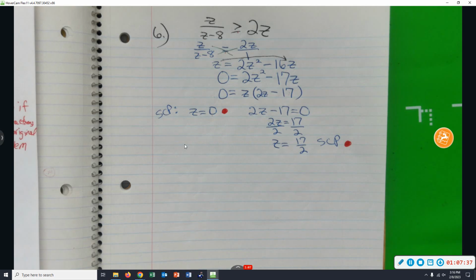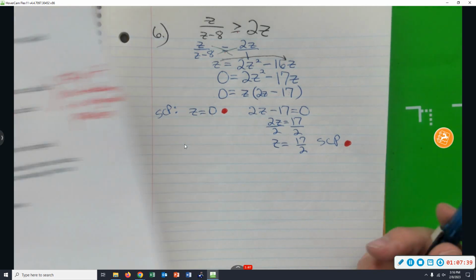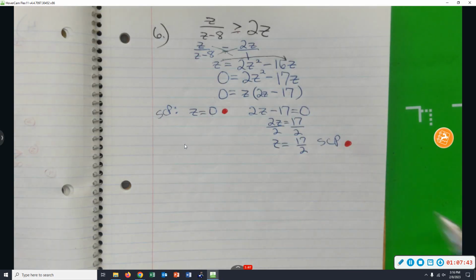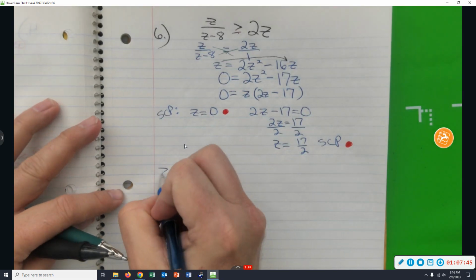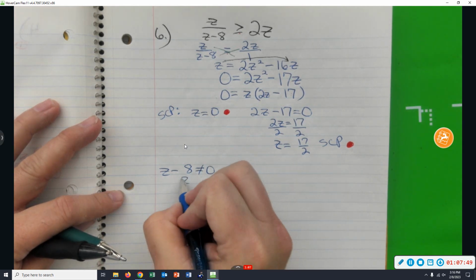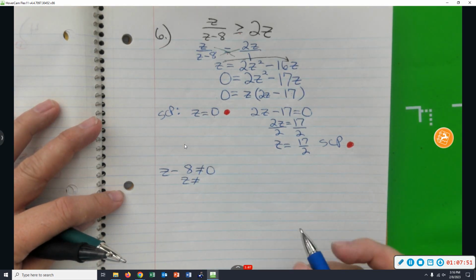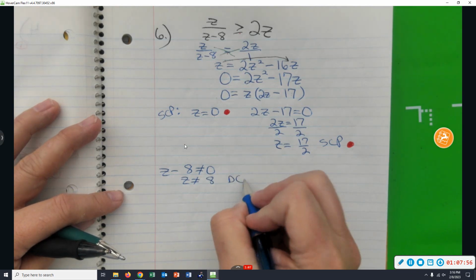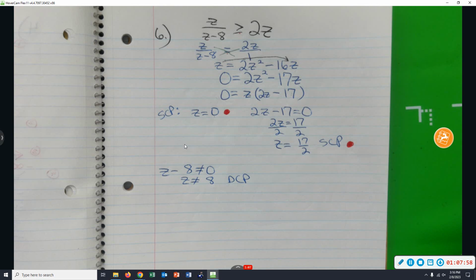Now when we find the denominator cut point, we set any denominators not equal to 0. So we set z minus 8 can't equal 0. That means z cannot equal what? Positive 8. That's my denominator cut point. How will I label that on a number line?